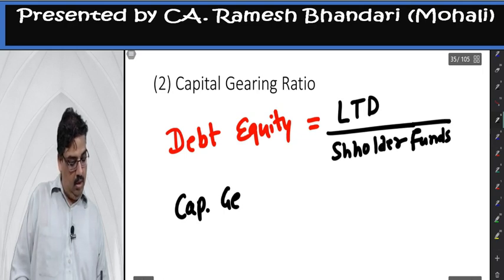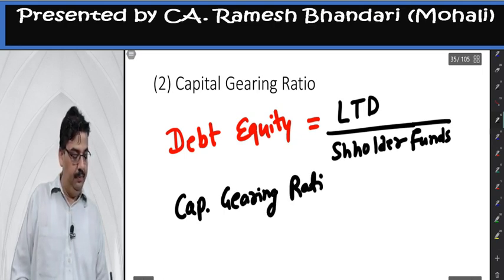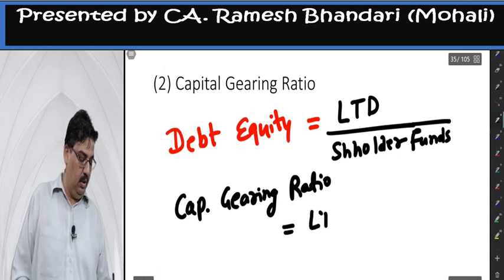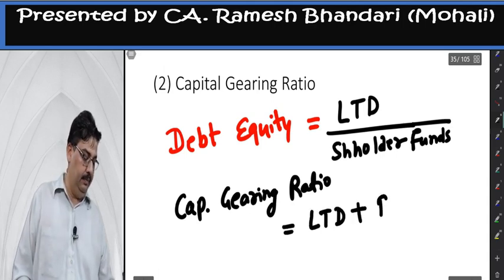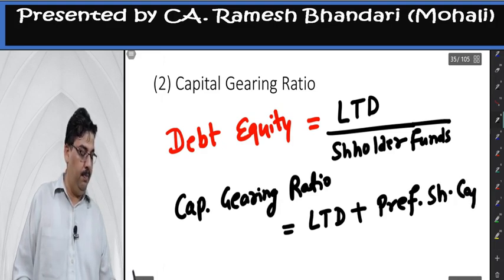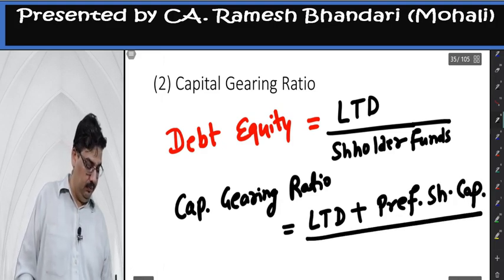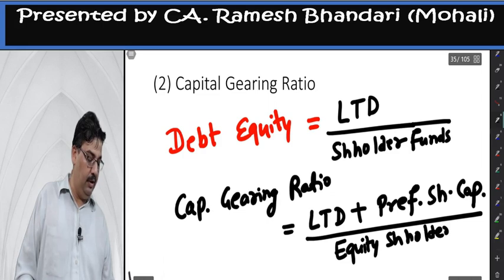Capital gearing ratio is long term debt plus preference share capital divided by equity shareholder funds.